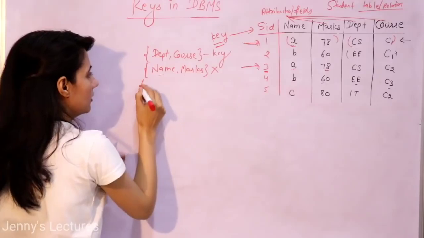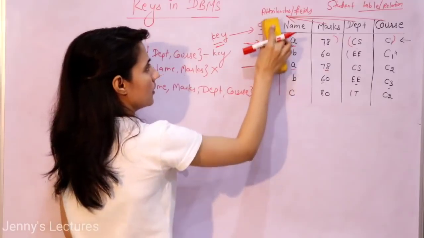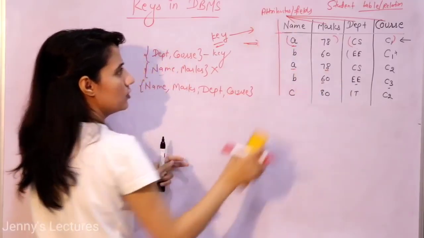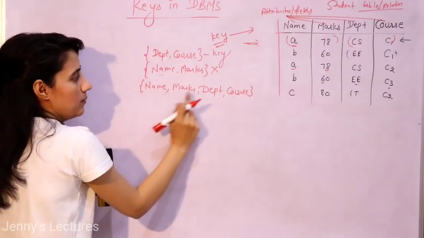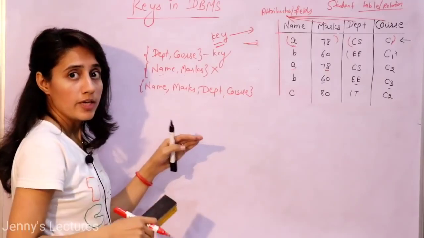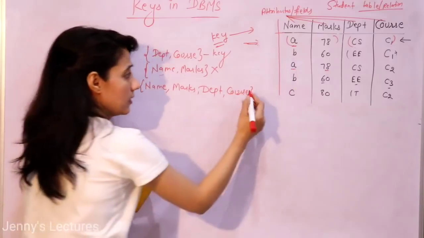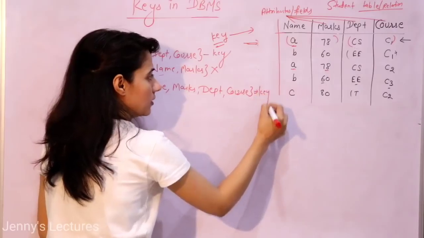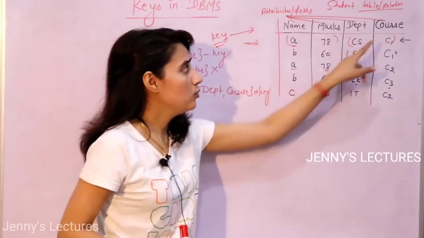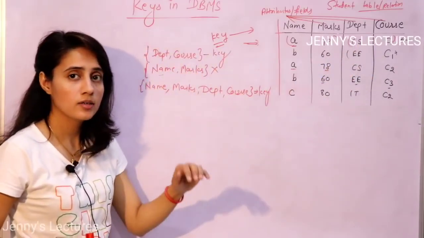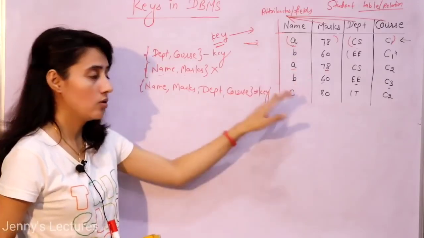Now see, let us suppose in this table I have only these 4 attributes. I don't have SID, and I have taken all 4 attributes: name, marks, department and course. Can you identify each record using this combination? Yes, this would definitely be a key, because here I am taking the combination of all the attributes in my relation, and that would definitely identify each record uniquely.